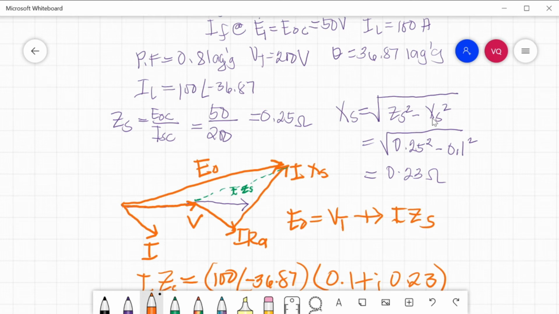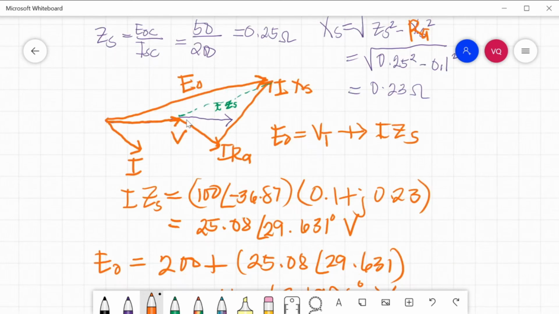That is equal to the square root of 0.25 squared minus 0.1 squared, equal to 0.23 ohm. So this is now the vector diagram of a lagging power factor synchronous alternator. This is our reference, and the voltage is in phase with our reference. The voltage is equal to 200 volts.